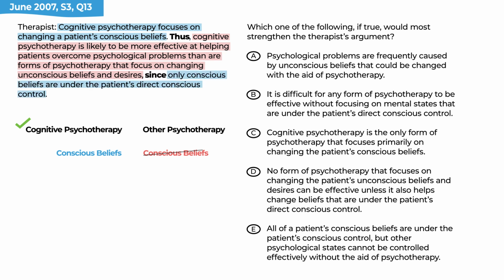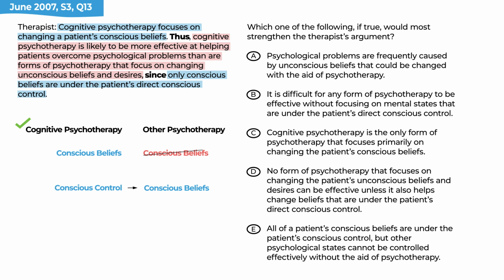control. So what's interesting about this one is that that last premise is actually using the word only, which is a conditional relationship. Only conscious beliefs are under the patient's direct conscious control. Only is a word that introduces a necessary condition. So not only do we have comparison in this argument, but we also have conditional logic.